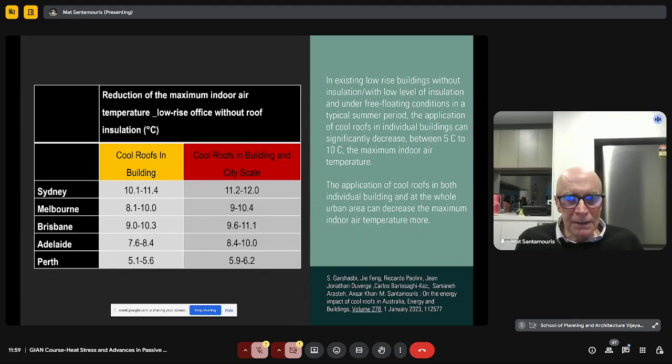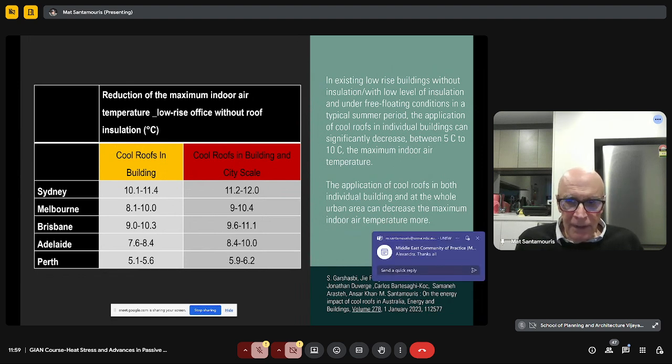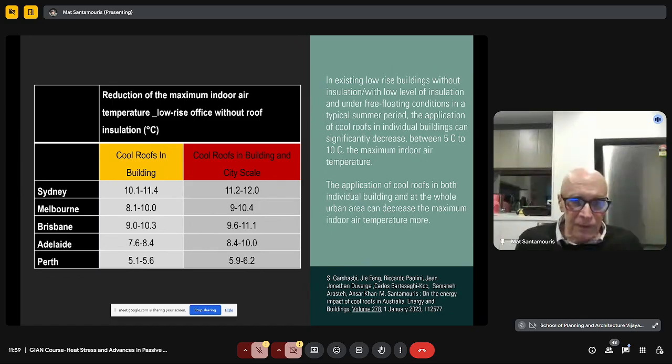We have measured and calculated the maximum decrease of the indoor temperature because of the implementation of cool roofs, and we have seen that it is possible, in a non-air-conditioned, free-floating building, to decrease the indoor temperature by up to 10 degrees.